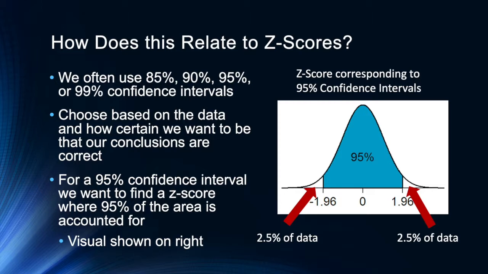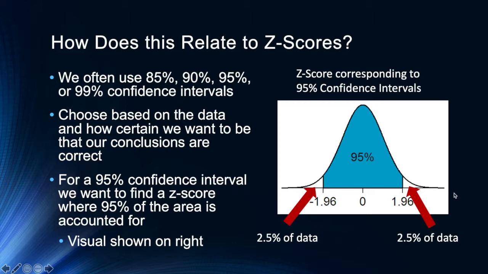So going back to the standard normal curve. 1.96 is the cutoff for significance for a 95% significance level. If you want to have a 95% confidence interval, your cutoff is here.